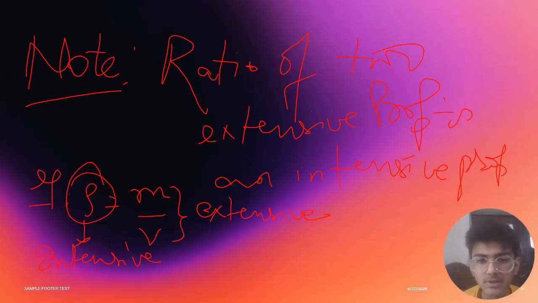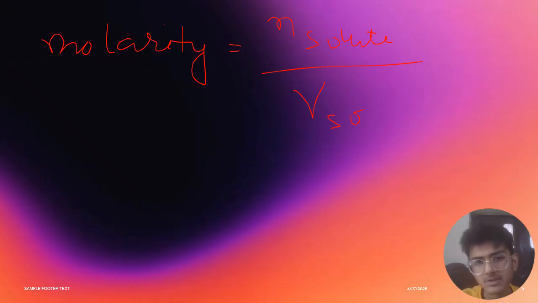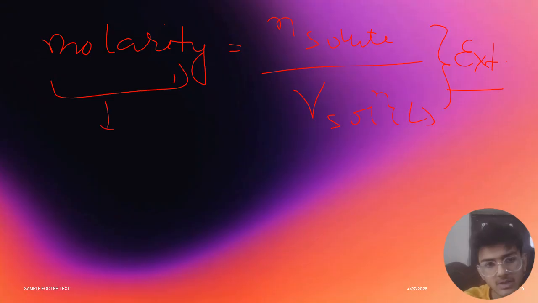We can take more examples also to understand this very well. Like the example of molarity and molality, which we discuss in the solutions concept. Molarity is the number of moles of solute over the volume of solution in liters. Both are extensive properties, but the ratio comes out as an intensive property.